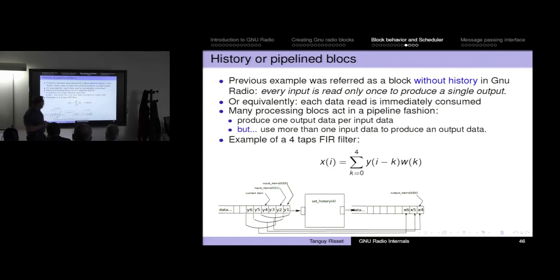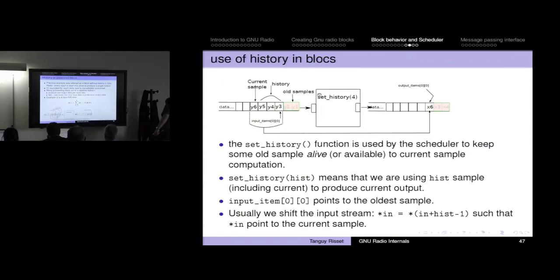So what we usually do is change the pointer, we add the history, which is a method of the class, and then the pointer points to the current sample, and this is the past, and this is the future, and you can access it with a minus. I just wanted to show you that, because you have to be very careful the first time you use the history. And you will have some way to debug your block with what we see today.